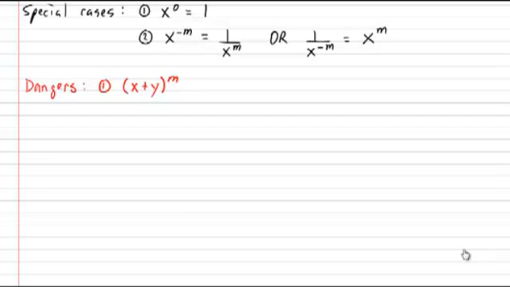In fact, x plus y all to the power of m does not equal x to the m plus y to the m. There is no specific rule or law that allows you to do this.